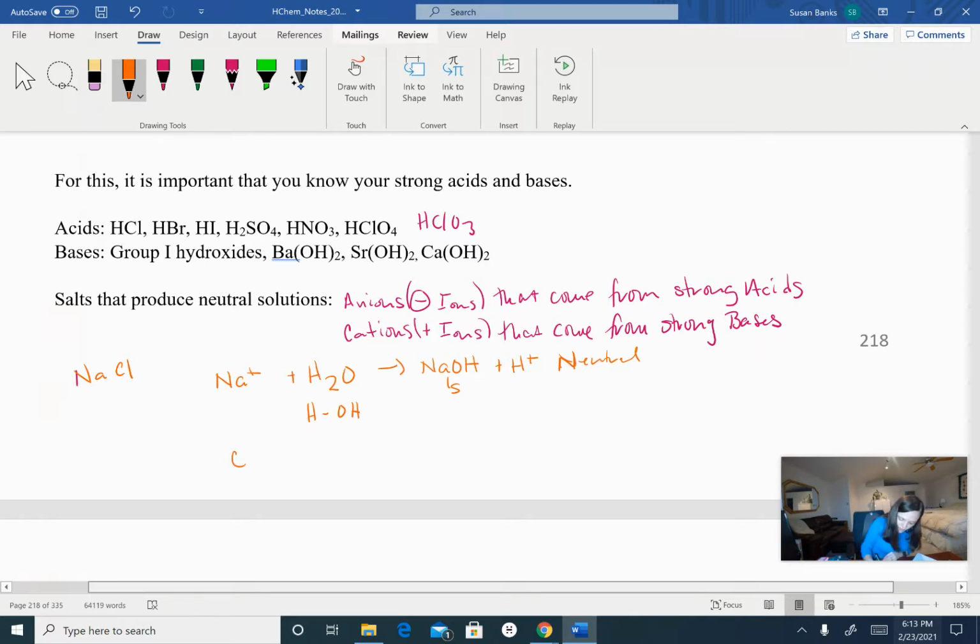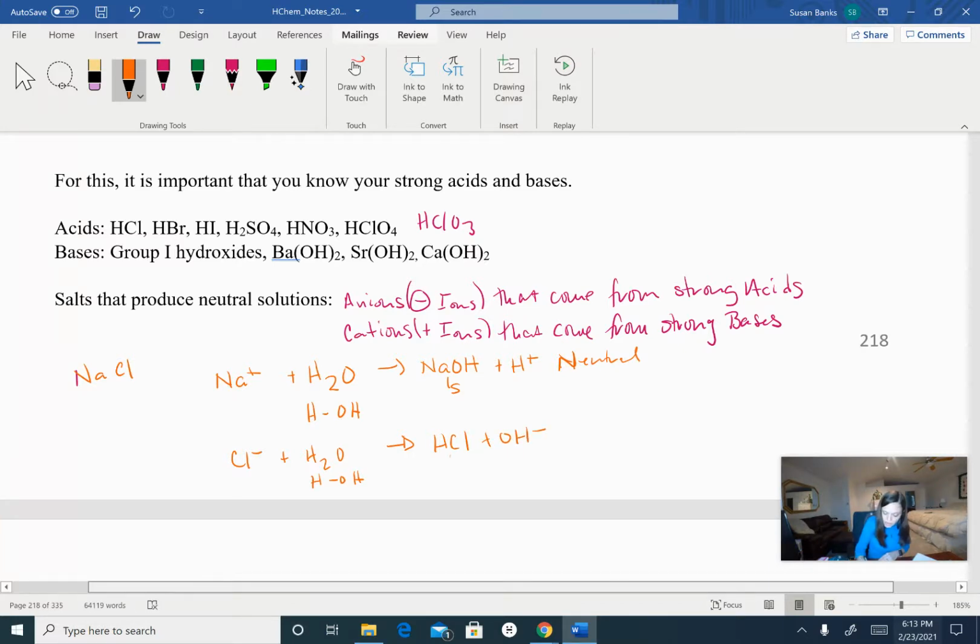Let's look at the chloride ion. When it reacts with water, and once again, we're going to think of water as HOH, what part of the water molecule is the chloride ion going to be attracted to? It's going to be attracted to the hydrogen. So it would make hydrochloric acid and hydroxide.